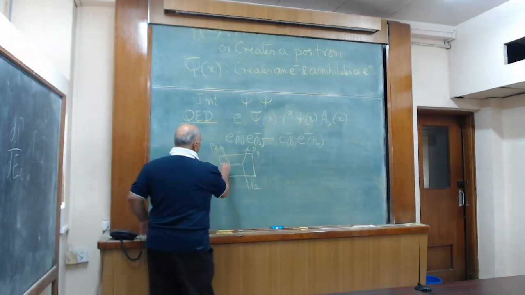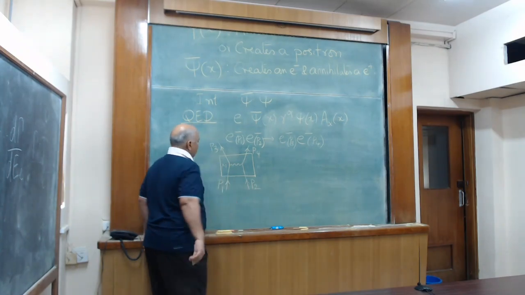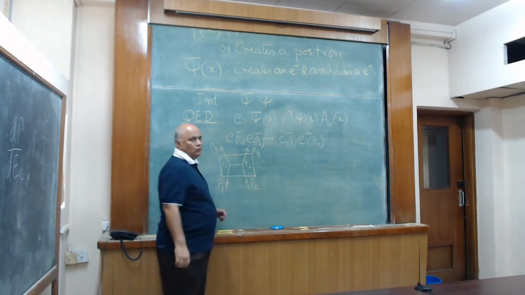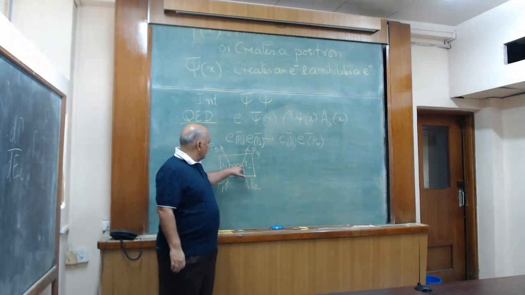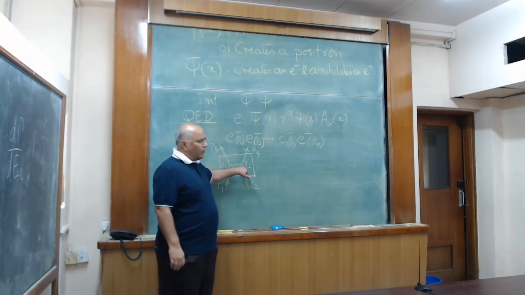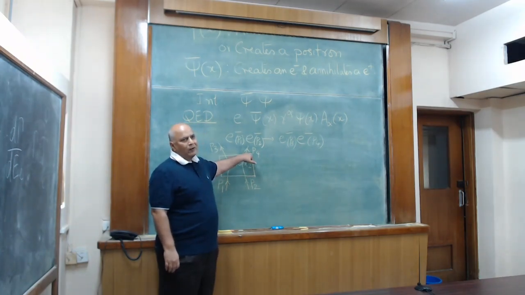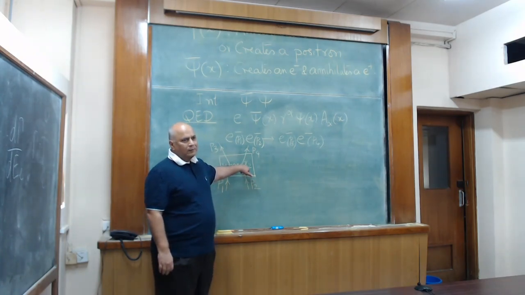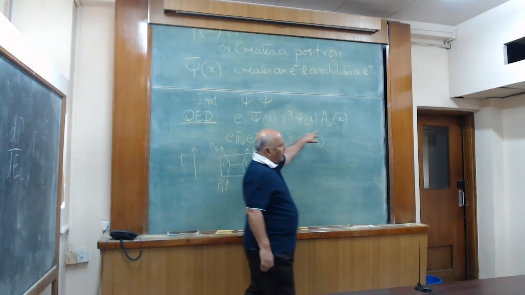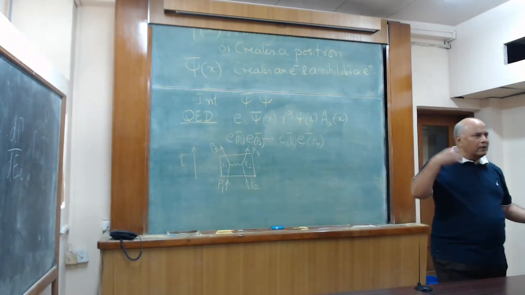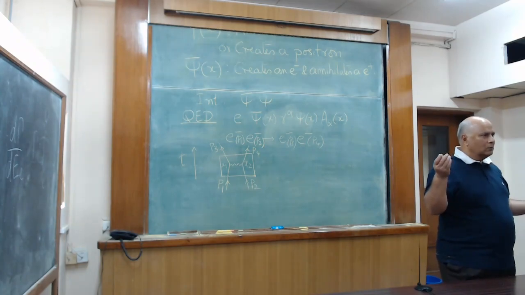This is at point x1, and at this point x2 the photon meets the other electron. So the P2 electron is annihilated, the P4 electron is created, and the photon is also annihilated. And this field A alpha is capable of both creating a photon as well as annihilating a photon.